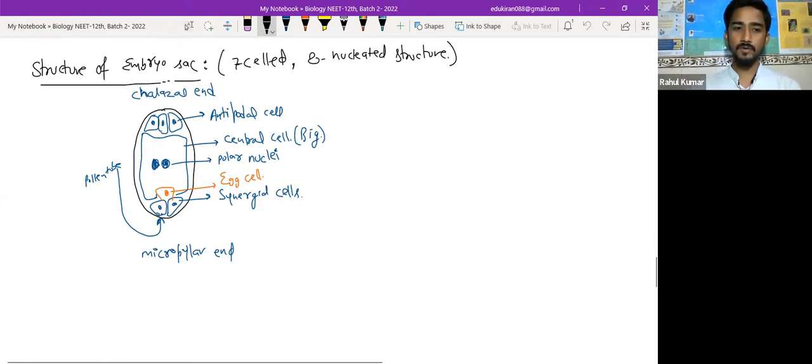So you can just draw some filiform apparatus. These black structures that I'm making here are the filiform apparatus, and it is present in the embryo sac towards the micropylar end.